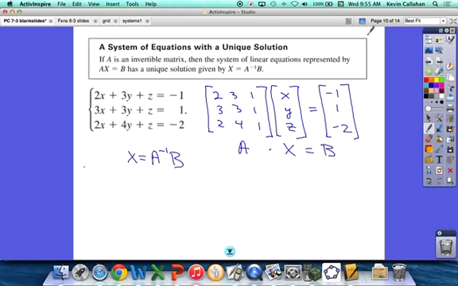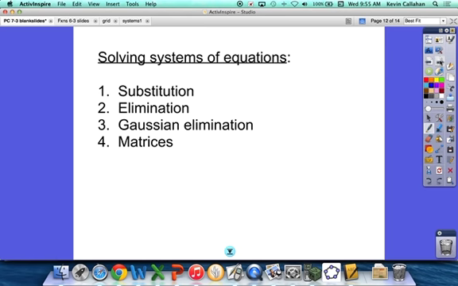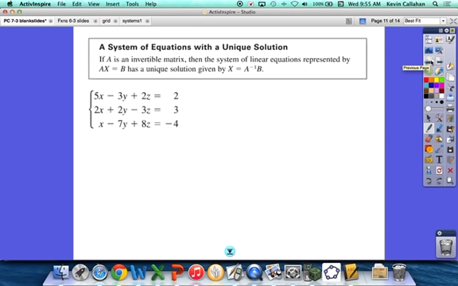Now, this is what it looks like when you don't. I think I got it loaded here. Yeah. Try to do this one and see what you get for an answer.